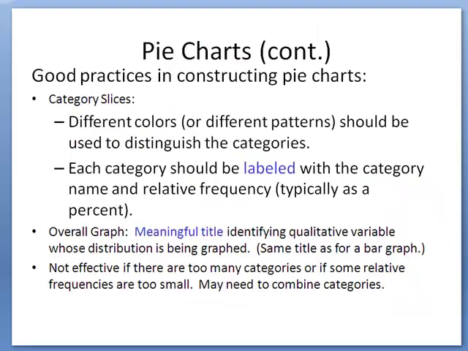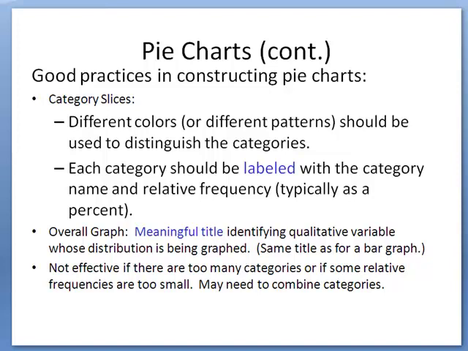Now, practices with pie charts. Category slices should be in different colors or different patterns so you can distinguish between the categories, and each category should be labeled with the category name and relative frequency, typically as a percent. The overall graph should have a meaningful title identifying the qualitative or categorical variable whose distribution is being graphed.